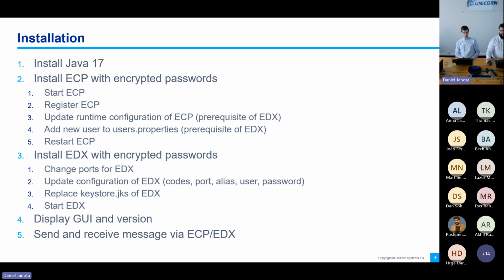And then we can restart the endpoint to apply those changes. And then we will install the EDX toolbox again with encrypted passwords, configure it, and start it. Then we can do some quick smoke test, start to send message, etc.